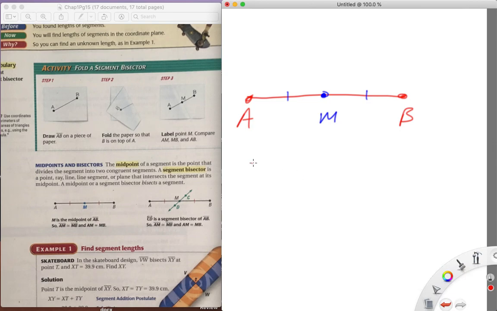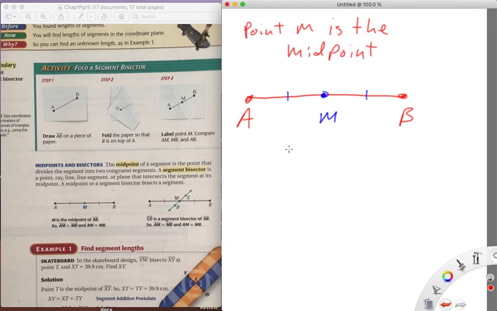So AB is cut in half. Point M is the midpoint. And since it's the midpoint, I know something about this.